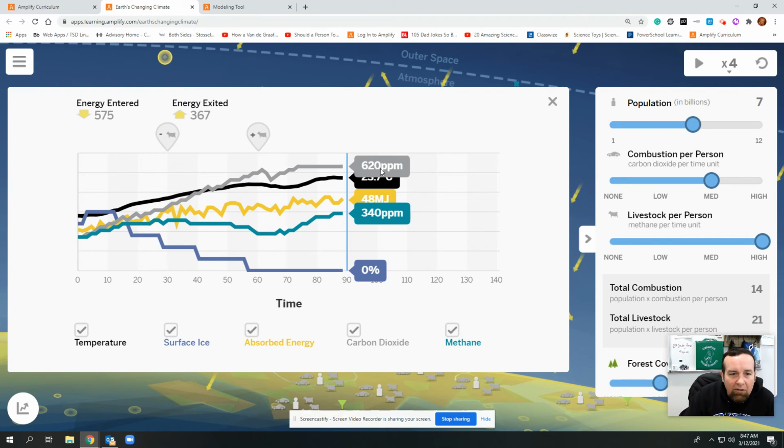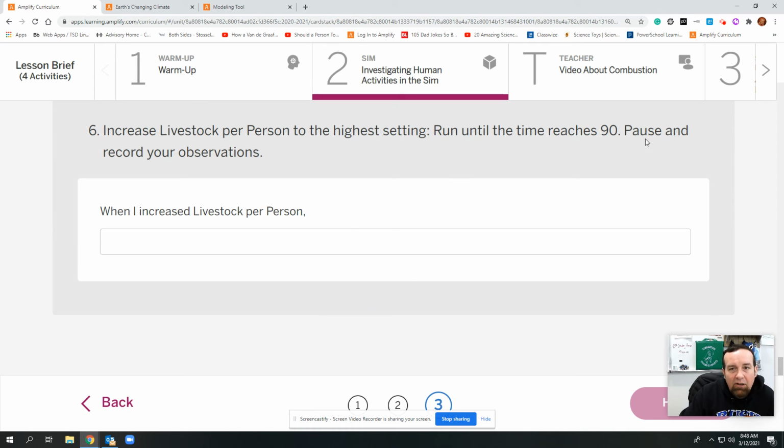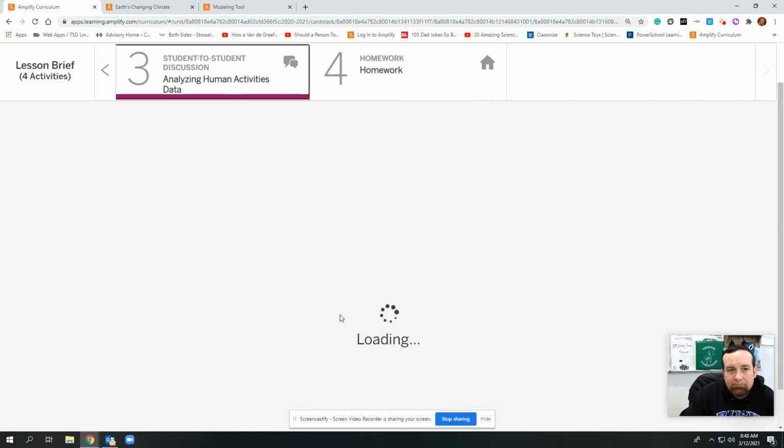So again, carbon dioxide is through the roof, and notice the methane has started to go up. We still have no ice left, and we can see that we were trending down just a little bit, right about here. But then I think that methane helped us and our temperature started to increase. So let's record those findings here and let's move on.